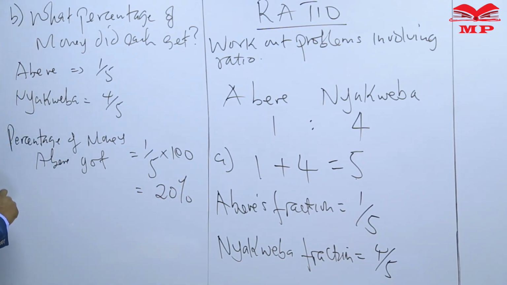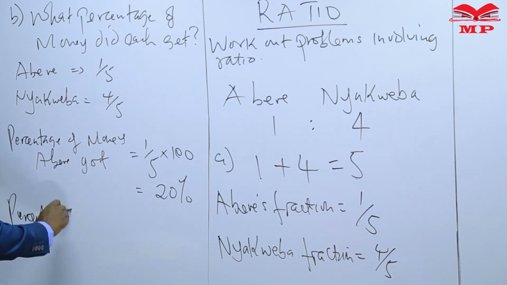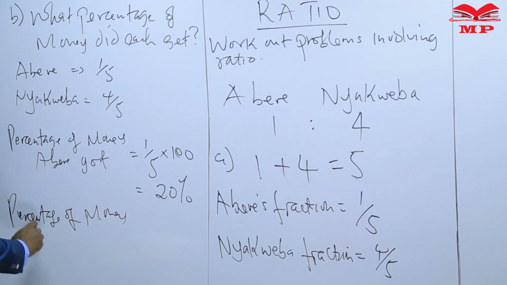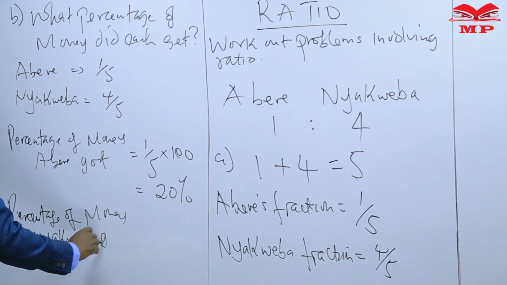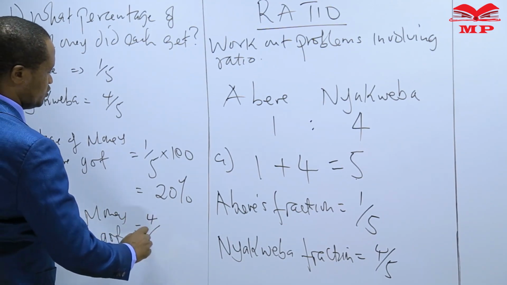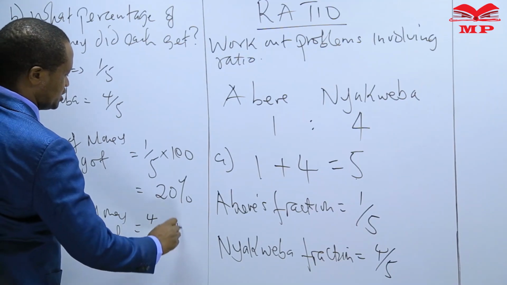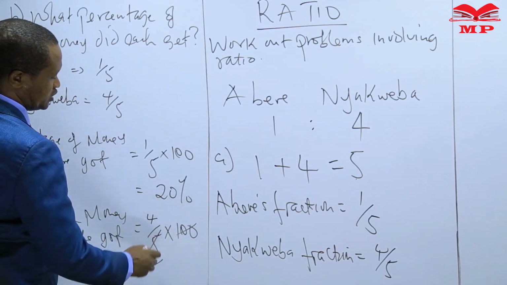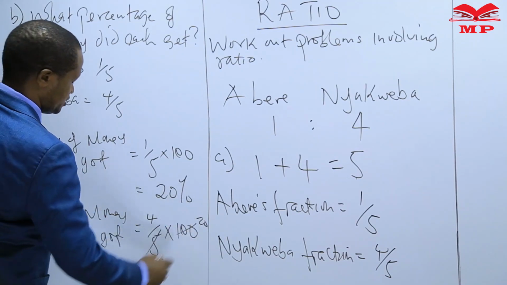Then the percentage of money Nyakweba got will be equal to 4/5 times 100. 5 goes here once, 5 goes here 20 times.